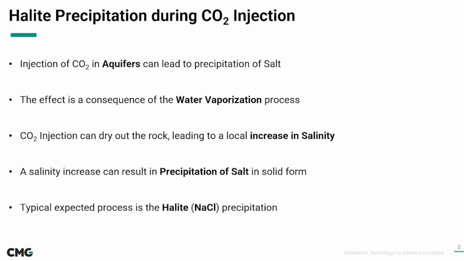Part or the whole amount of water in some areas near the well can be vaporized, which leads to a local increase in salinity and the potential for salt to precipitate, reduce porosity, affect permeability, and eventually affect the well injectivity itself. A typical process that we can expect is the precipitation of sodium chloride, halite, in the proximity of the well during CO2 injection in an aquifer.